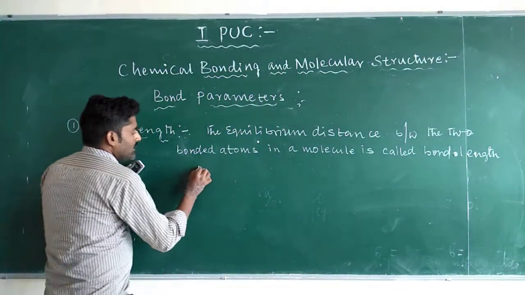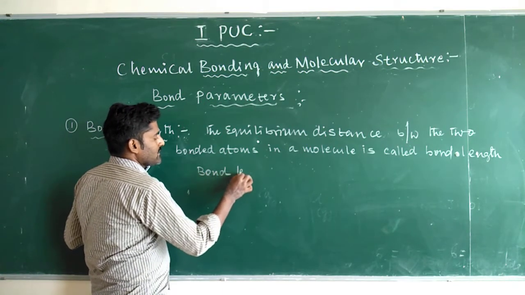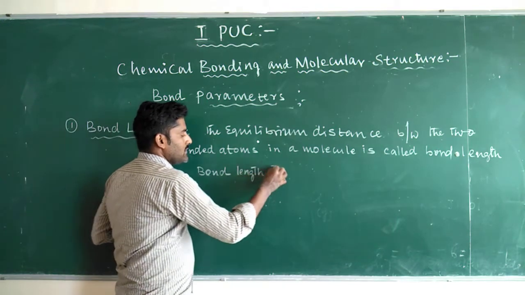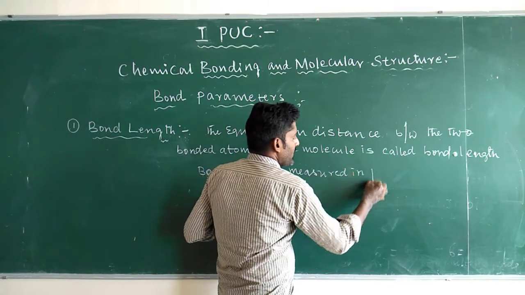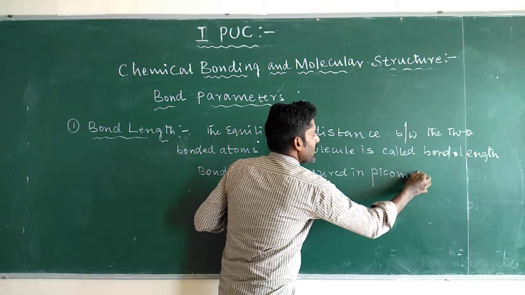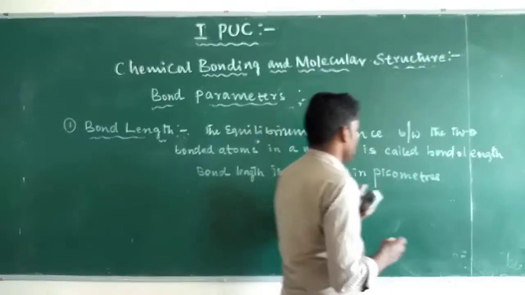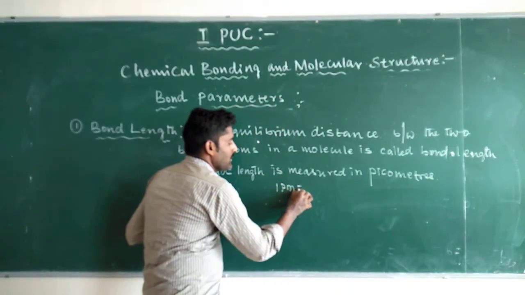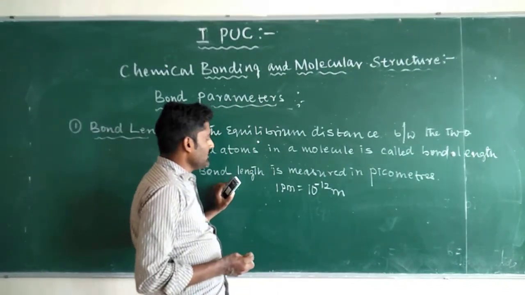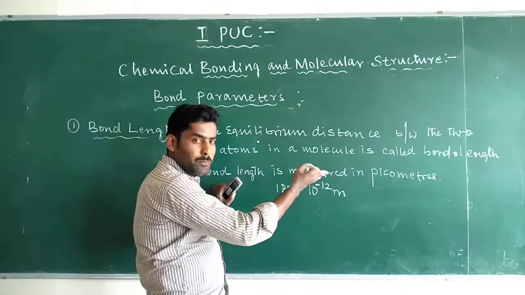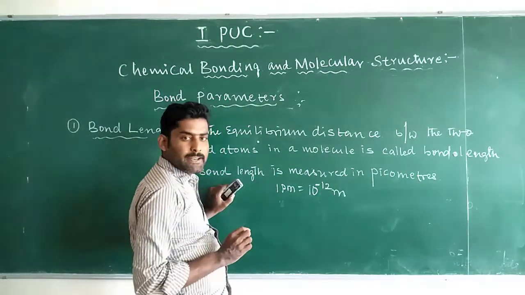Bond length is measured in picometers. 1 picometer is nothing but 10 power minus 12 meter.